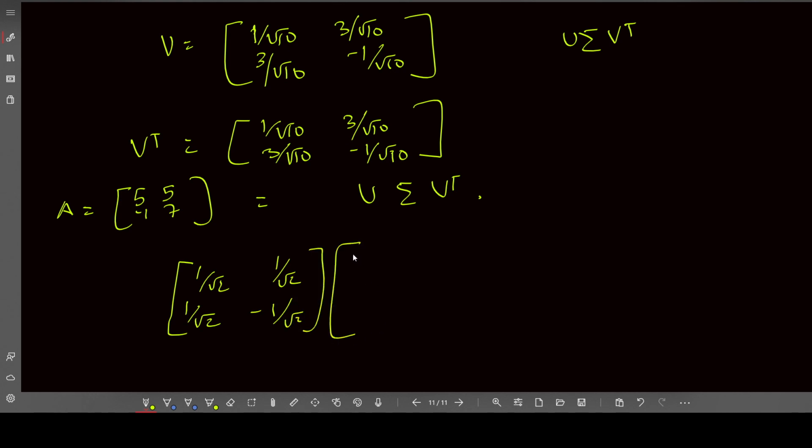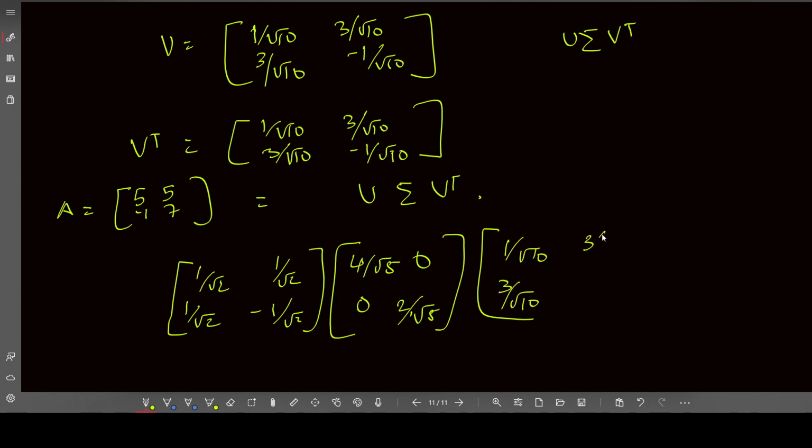Sigma is 4 by under root 5, 2 by under root 5, 0, 0, because it's a diagonal matrix. And V transpose is 1 by under root 10, 3 by under root 10, 3 by under root 10, and minus 1 by under root 10. This is equal to A. This is U sigma and V transpose, and that's how you find the SVD of a matrix.